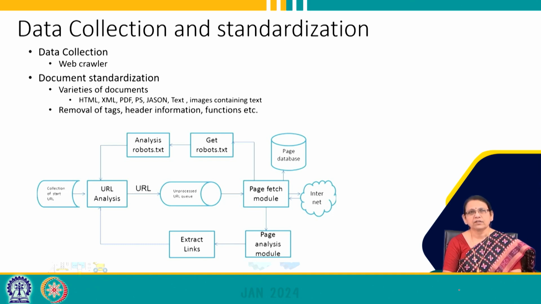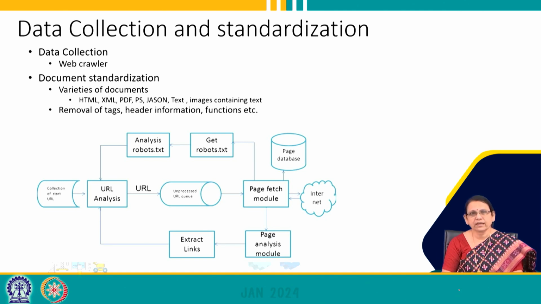This is a typical structure of a web crawler, and this web crawler goes through the web pages, following various links and downloading the relevant pages. After you get those pages, you remove the tags and all, then from the text you extract the features.